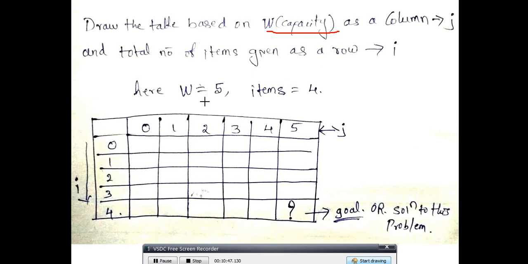So you have to write 5 columns: 0, 1, 2, 3, 4 and 5. And I will write rows based on items. In this example they have given 4 items, so you have to write 4 items row wise: 0, 1, 2, 3, 4. Our aim is to find this place in this table. That is our solution.